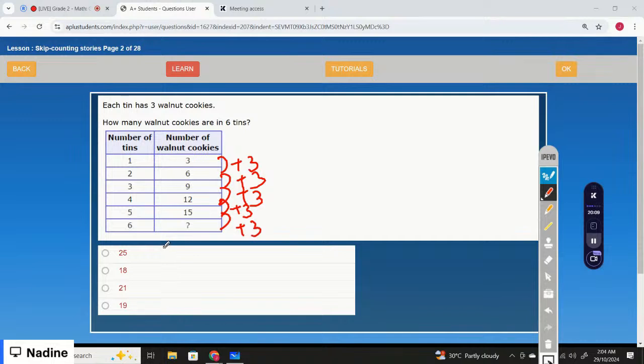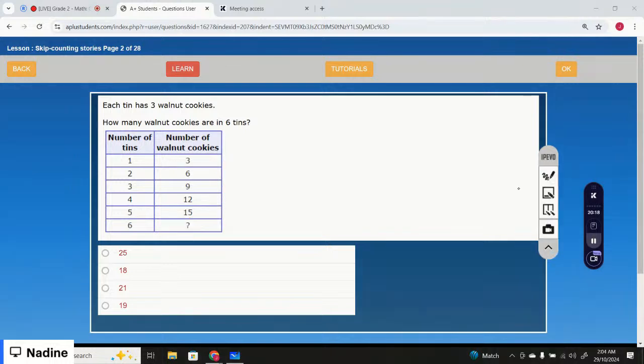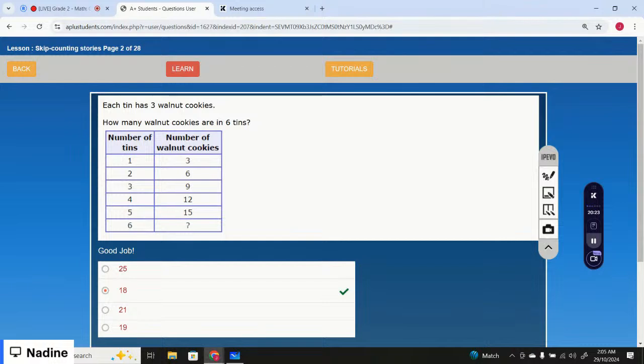And 15 plus 3 makes 18. So that means 6 tins have 18 cookies. The correct option is 18.